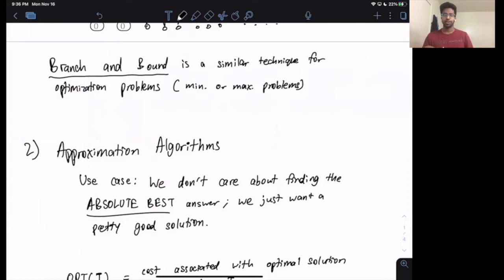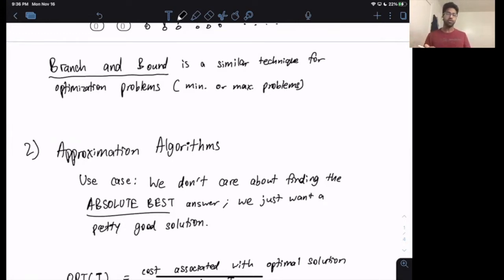Let's say we're trying to find the best way to get from here to, I don't know, Colorado, and we're trying to minimize how much gas we use. I don't really care about using the absolute minimum amount of gas, I just don't want to use too much gas, right?